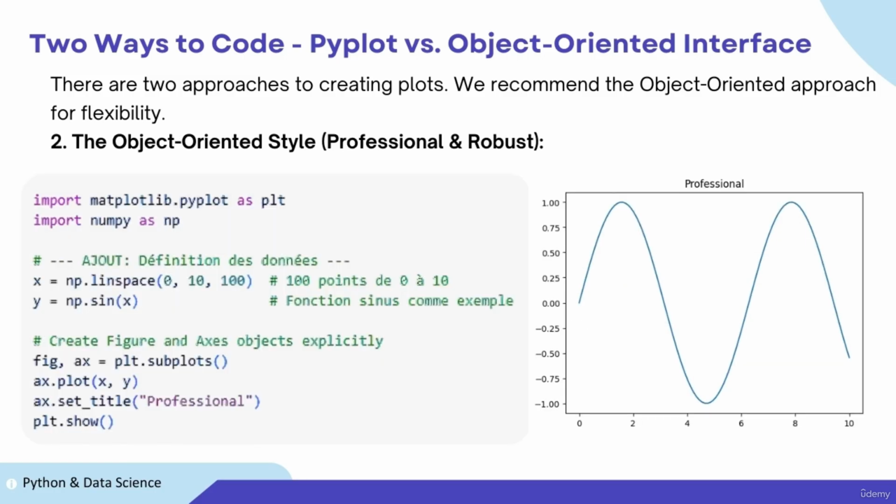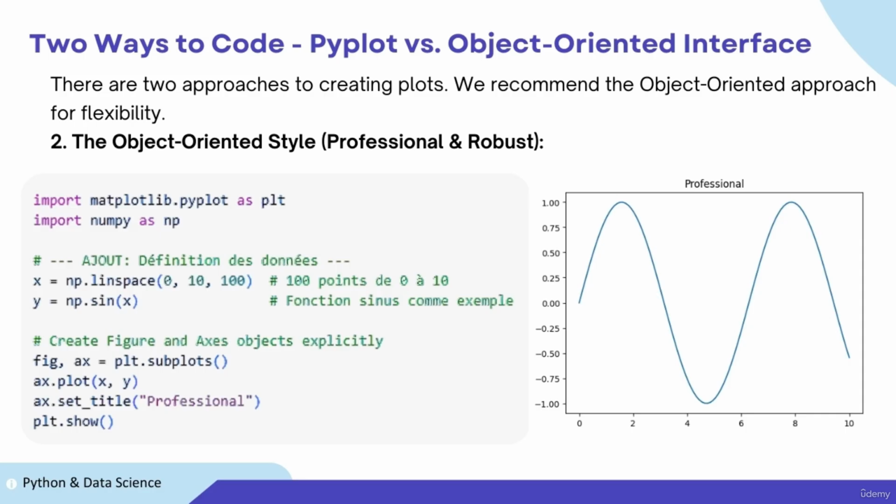Let's write our first script. We're going to plot a mathematical function, a sine wave. First, we prepare the data using NumPy. We create a variable x using np.linspace(0, 10, 100). This generates 100 evenly spaced points between 0 and 10. Then we calculate y, which equals np.sin of x.